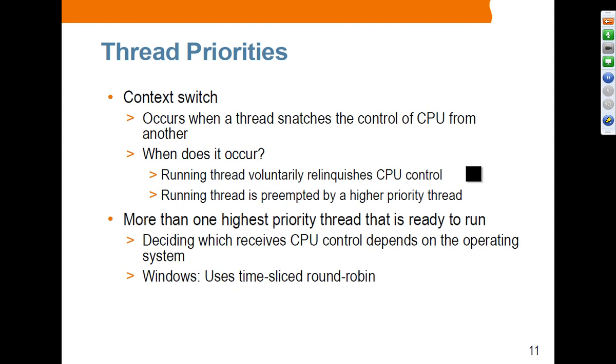Okay, context switch. Context switch means that a thread snatches the control of the CPU from another. So basically, a CPU is running a thread. You can think of a CPU as running a single thread. So even if multiple threads are running in parallel, at a single point in time, a single CPU can run a single thread.